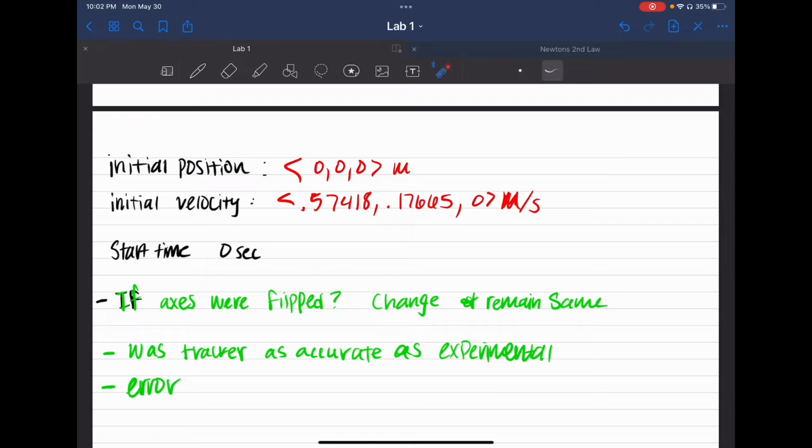Initial velocity was calculated using a position one timestamp forward, and then you just do that position that we calculated minus this position right here to get that velocity in meters per second.